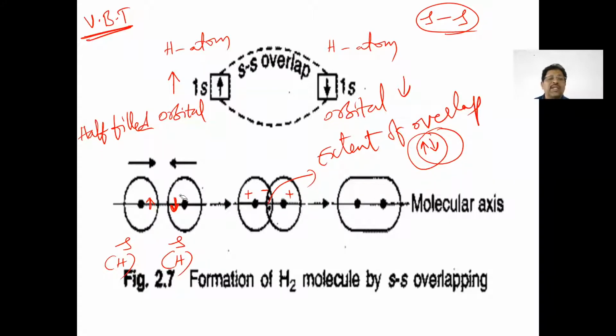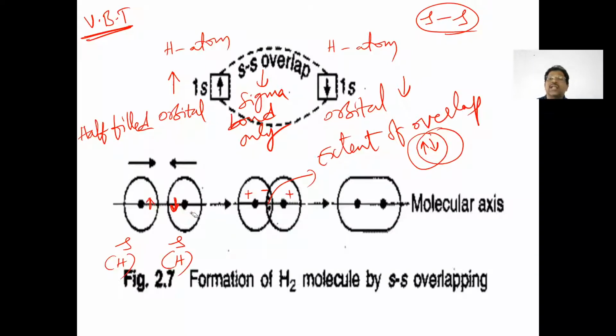Here, the overlapping is between two s orbitals. That's why it is called SS overlapping. SS overlapping will always form which bond? Sigma bond. Only a sigma bond is formed between two s orbitals. The s orbitals of the two hydrogen atoms overlap axially.